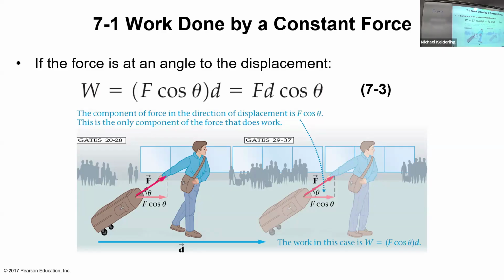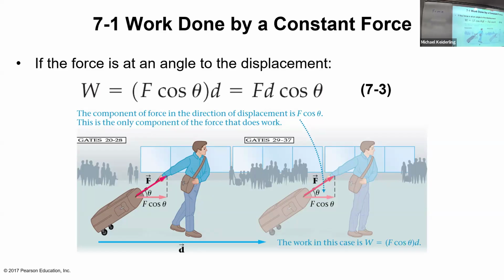Because sometimes the direction of the force is real obvious, like if you're going up and down, or if the force is gravity, then what you're interested in is just the change in height. And sometimes you're more interested in the distance along the direction of the force.